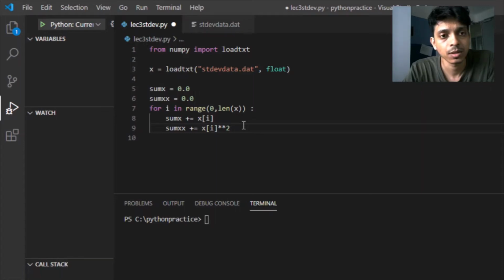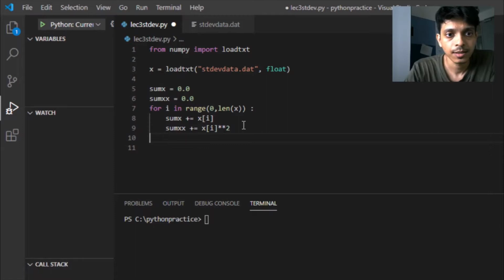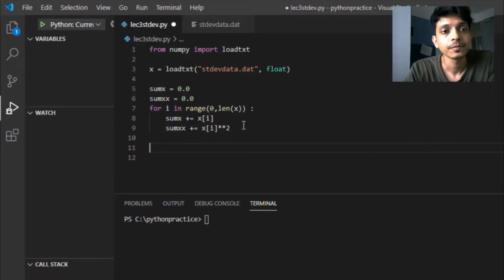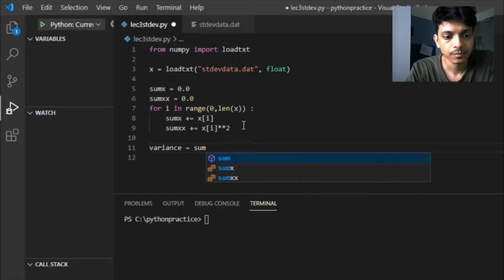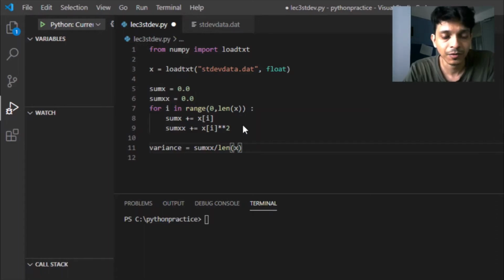Yes, I think that is all that I need. I can come out from the loop, and now I can define my variance as average of squares. So this is the sum of the squares, and then if I divide by length of x, this is average of the squares minus square of the averages.